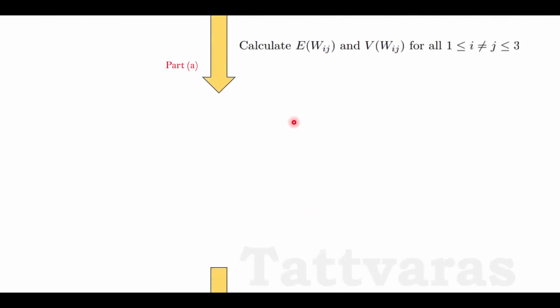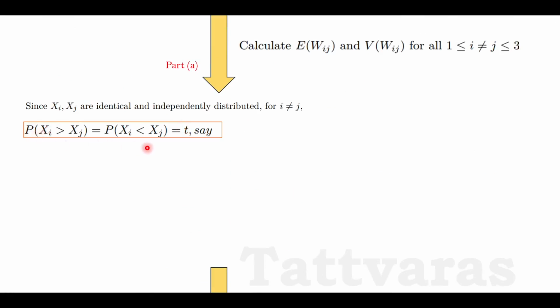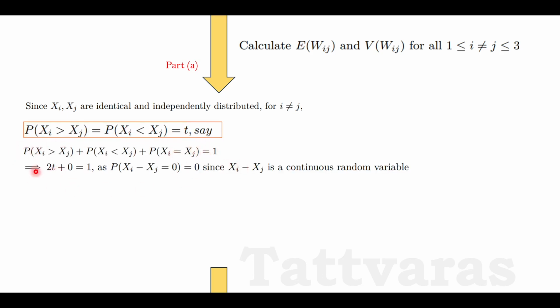So the first part where we need to calculate the expectation and variance. First thing, let us notice that when xi and xj are independent and identically distributed, we have these two probabilities the same, right? Now, since these three events are mutually exclusive and exhaustive, the sum of these three probabilities will be 1, which is the same as 2t plus 0 is equal to 1. Why is this 0?